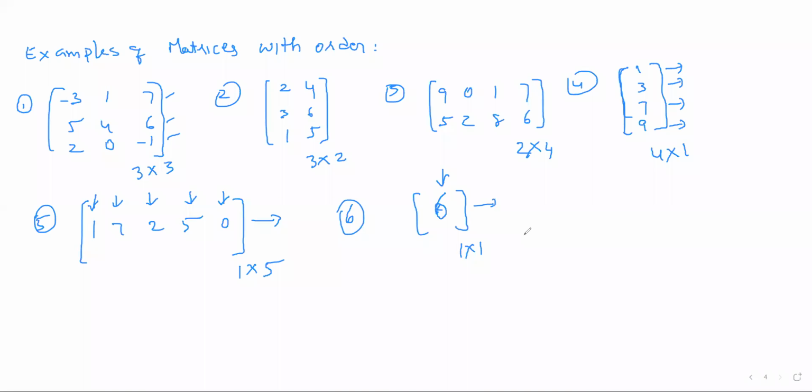Okay, next we will move to learn about types of matrices. First one, row matrix. A row matrix is a matrix having only one row.